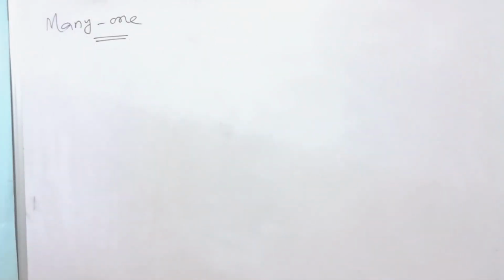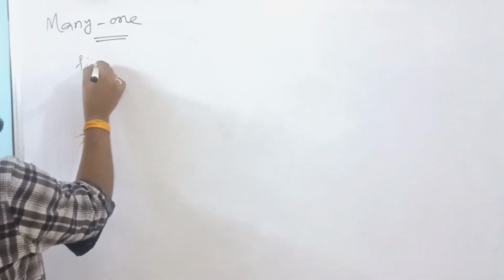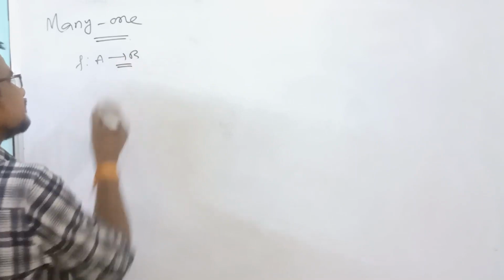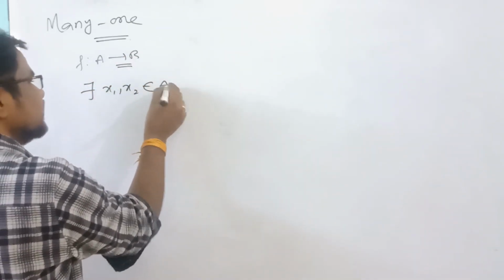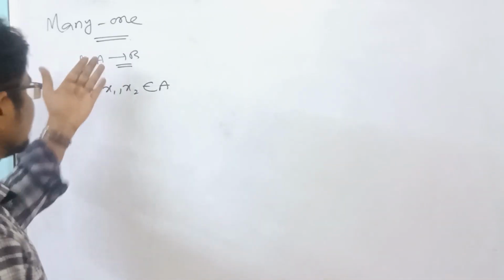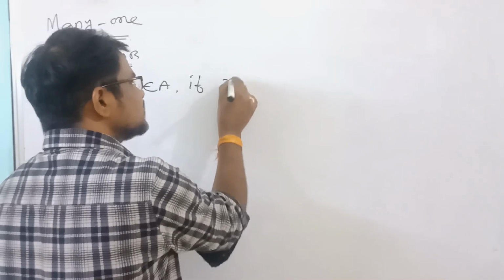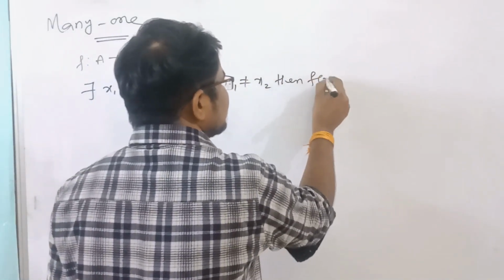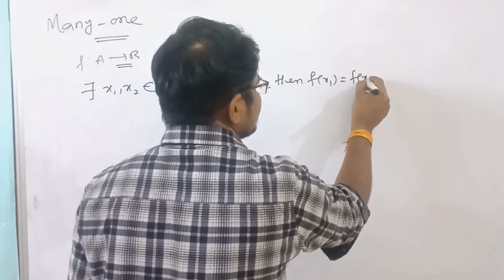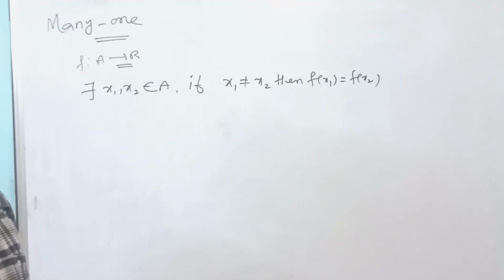Now see the methods to find the many to 1 function. Suppose f is a mapping from A to B. There exist two elements x1 comma x2 belonging to A, the domain of the function. If x1 not equal to x2, even then if f of x1 equals f of x2, then the function is a many to 1 function.